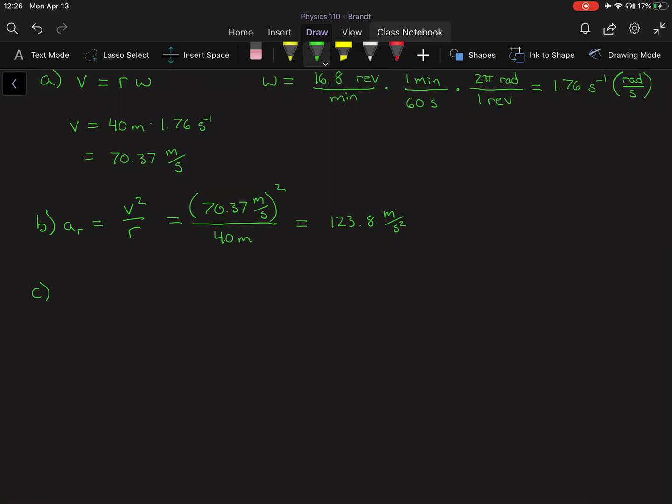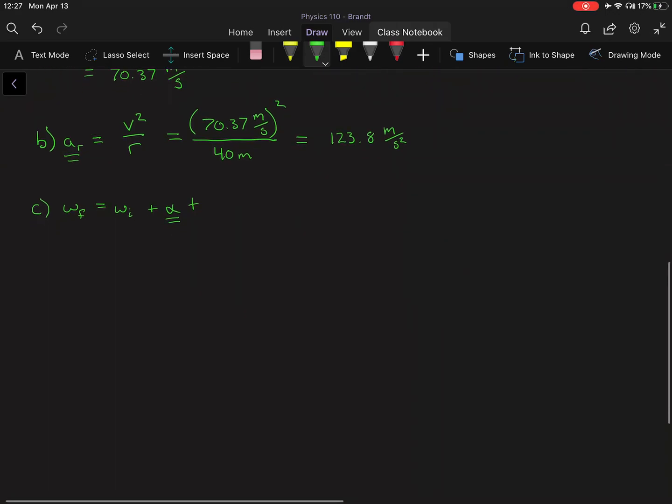So if we start off, we're going to say, all right, omega final is equal to omega initial plus our angular acceleration times time. Now it's important to note that this angular acceleration is not the same as our radial acceleration or our centripetal acceleration. They are not the same thing. So we're going to have to find the angular acceleration here. So we know our final, we're coming to rest, so that's going to be 0 per second.